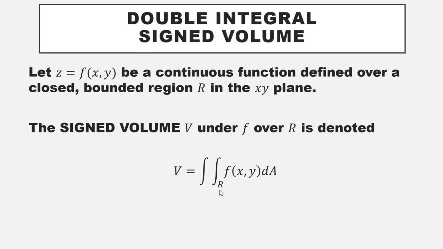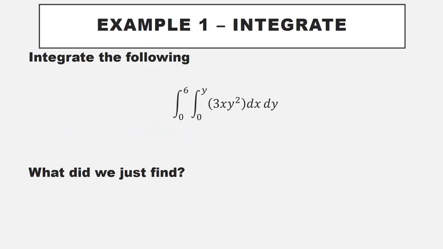We're integrating the function f of x, y over the region R. Our integration is done with respect to area. That can be a dy dx or a dx dy, depending on how I set up my integration over here on the left. So that's what's happening. Now let me draw the specific instance that we calculated earlier.